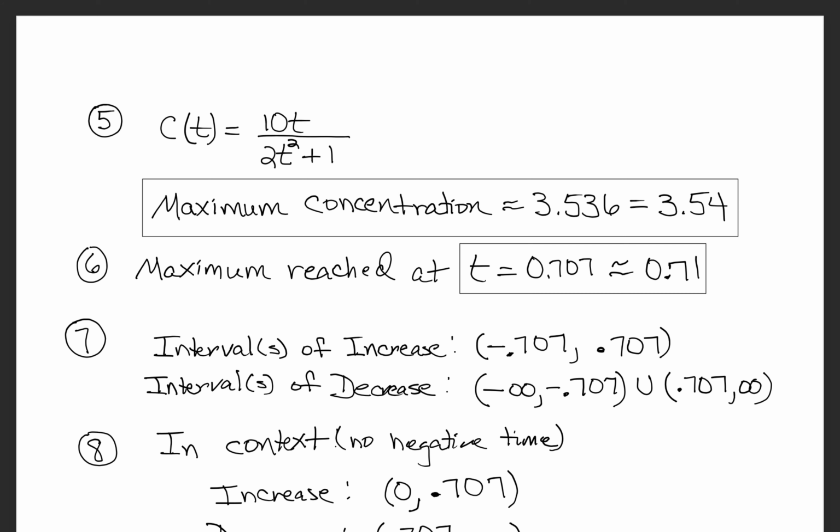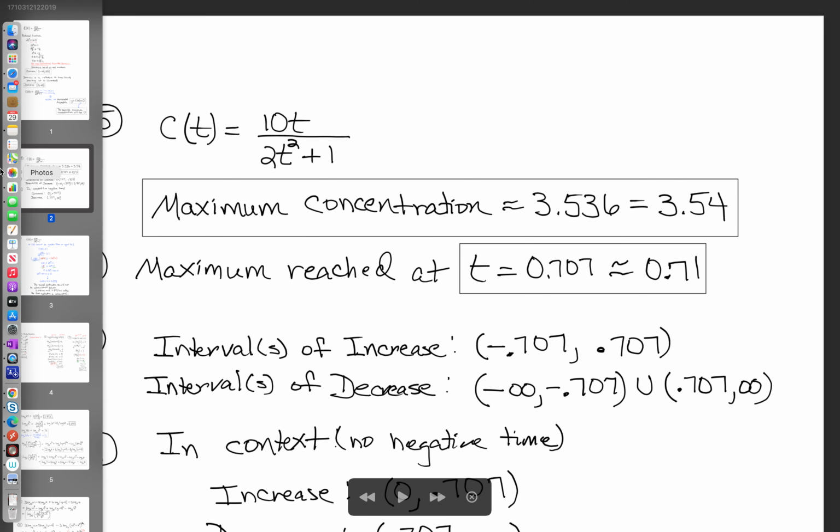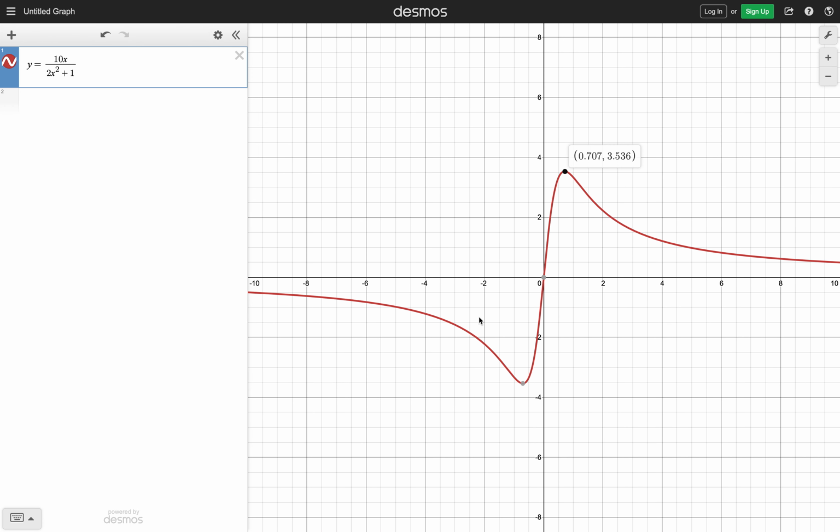Now, in number 7, we're looking at the intervals of increase as well as the intervals of decrease. If you notice, going from end to end, we're looking at going down, and then you have this blip, so you have going up, followed by another decrease. For the increase, this will be for the values of t, or in the graph x, greater than negative 0.707 and less than 0.707.